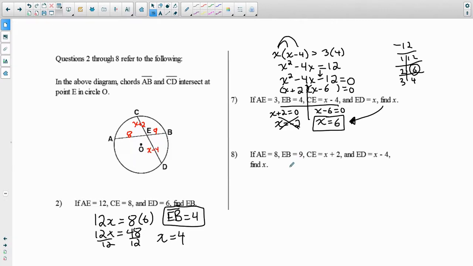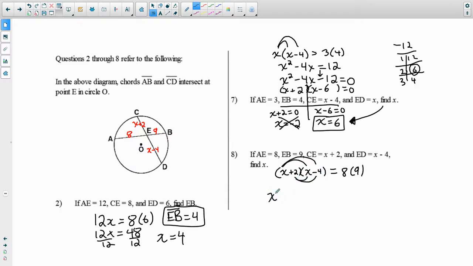So again, I'm going to set this up as the product of 2 of those parts. This is going to be x plus 2 times x minus 4 will be equal to 8 times 9. Now here you have to remember how to FOIL out this binomial times a binomial.